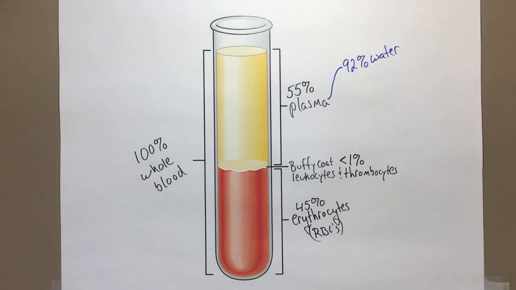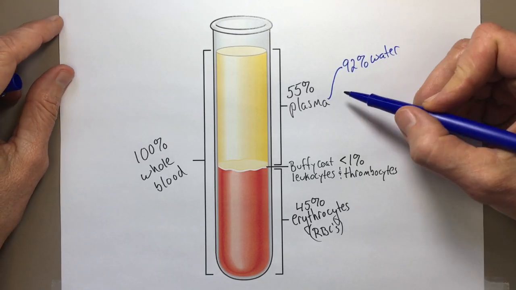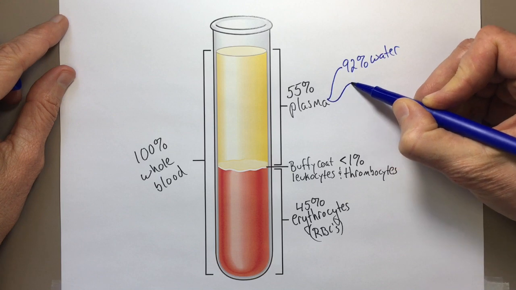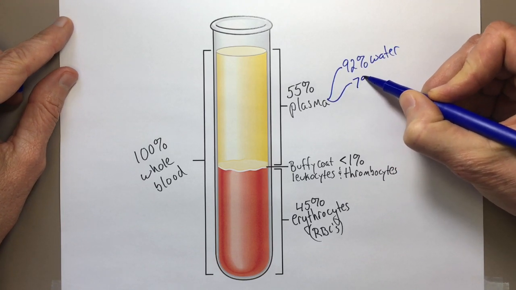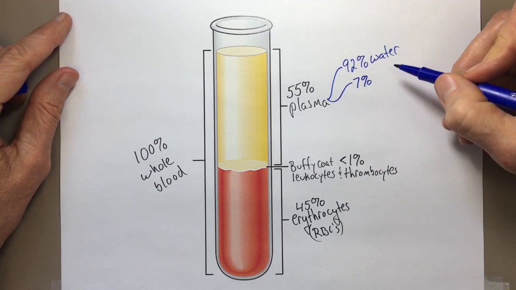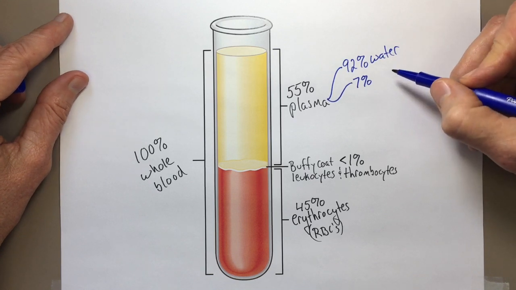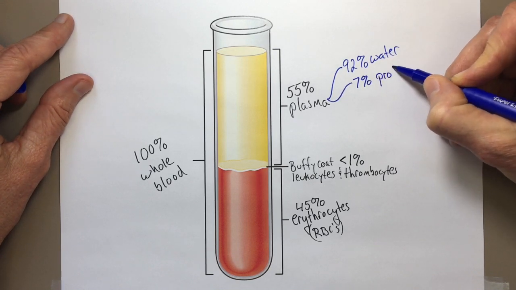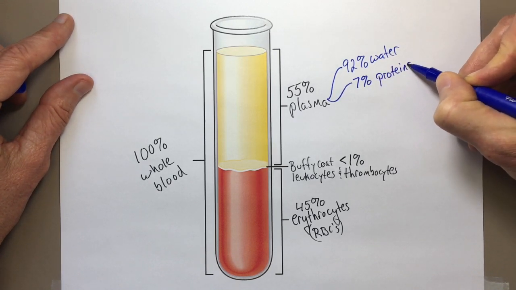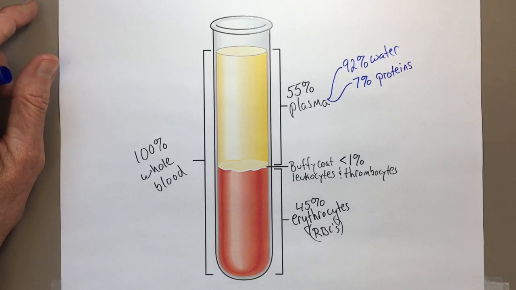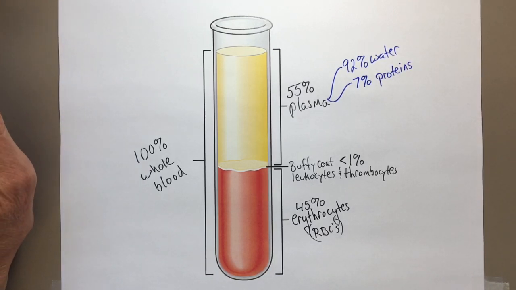And it certainly plays out here in blood. All right, plasma is mostly water. That leaves about 8% for some other things. Most of those other things, in fact, 7% of those other things are actually proteins that are dissolved in that plasma. And so we refer to them as plasma proteins.